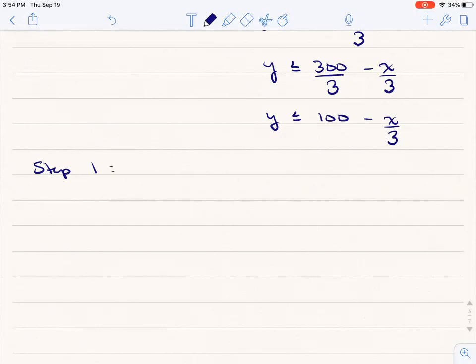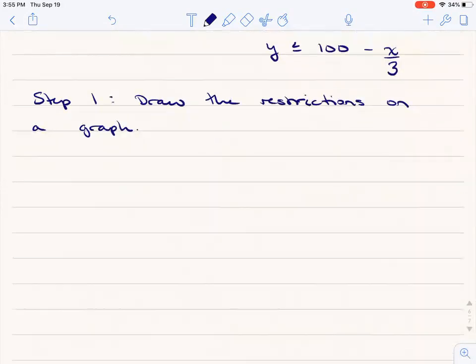Step 1 is to draw the restrictions on a graph. And remember, I just make a table of x and y values.